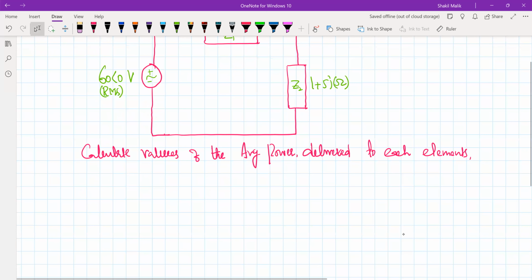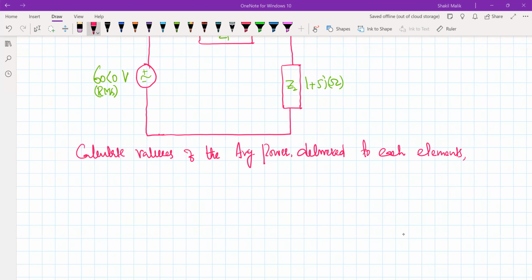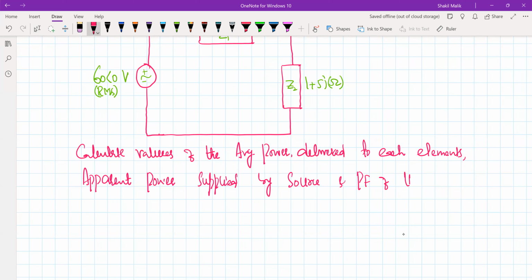And we have to find the apparent power supplied by the source, and the power factor of the loads. That's what we have to do here.